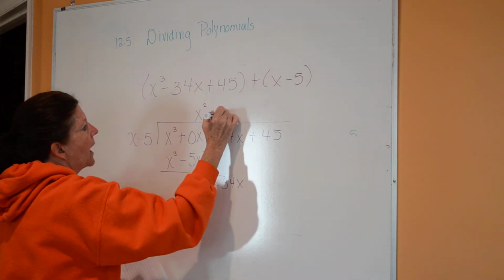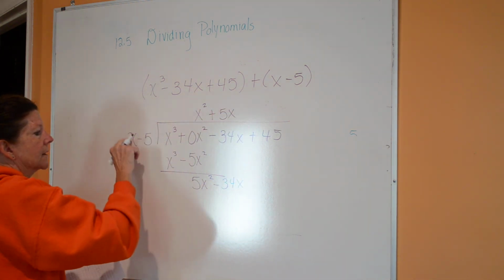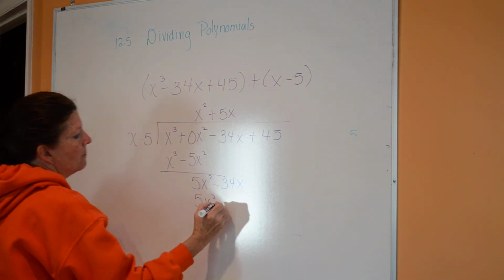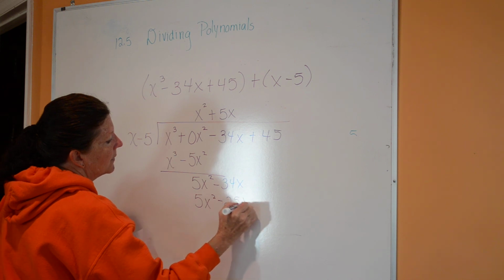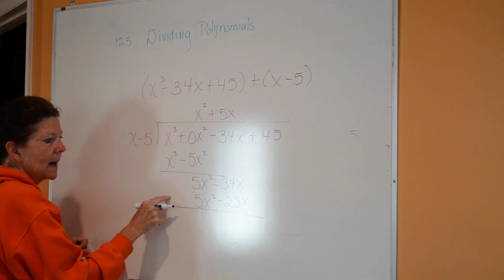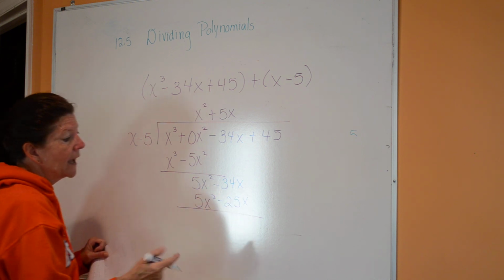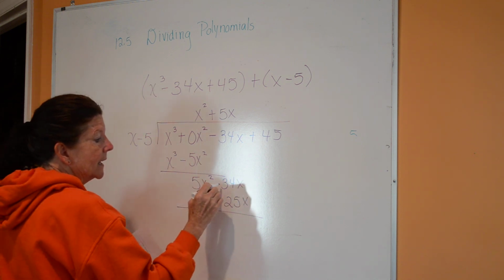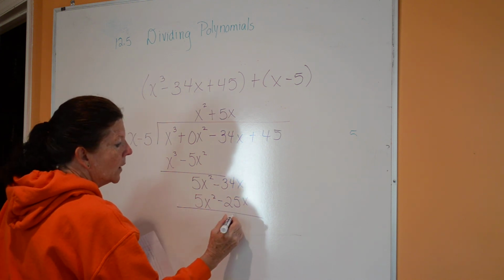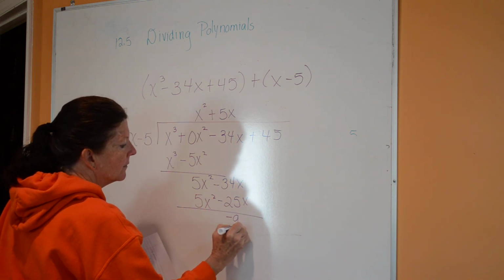I would need a 5 and another x, which gives me 5x squared minus 25x. Negative 34x minus a negative 25x gives me the same thing as negative 34x plus 25x, which is going to give me a negative 9x.